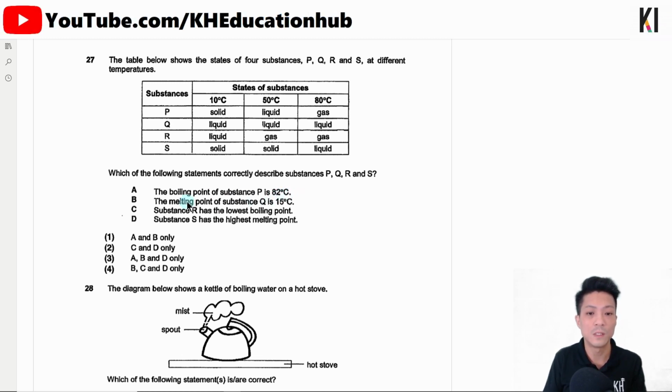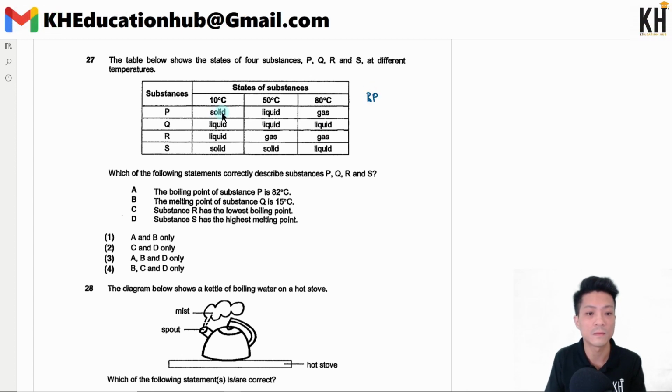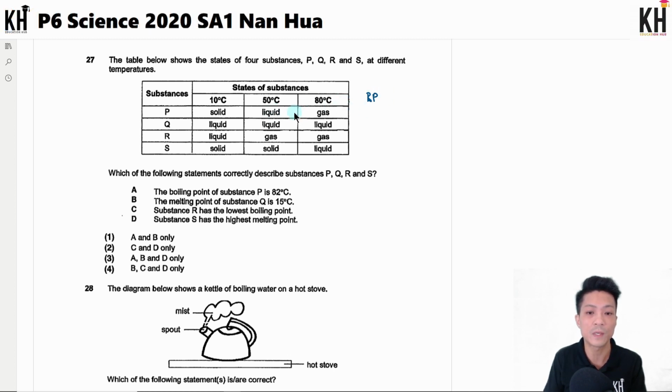Okay, so this kind of question is always very confusing. Since it is all asking about boiling point and melting point, let me write down the boiling point first for all the substances. Boiling point is the temperature at which a substance changes from liquid to gas, right? For P, we can see that it changes from liquid to gas over here, so the boiling point can be anywhere from 50 to 80.